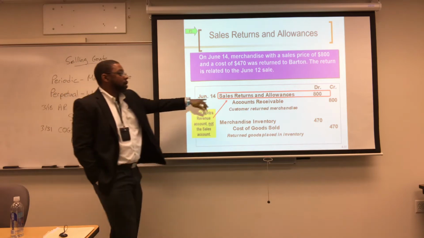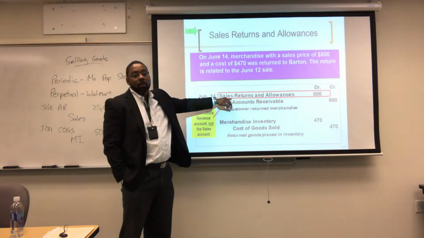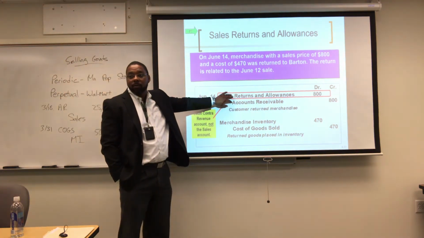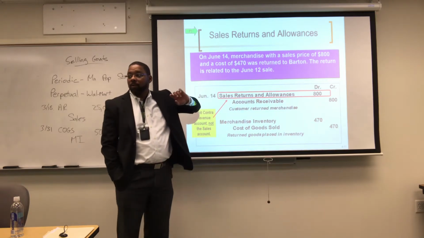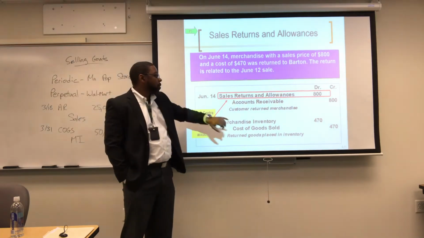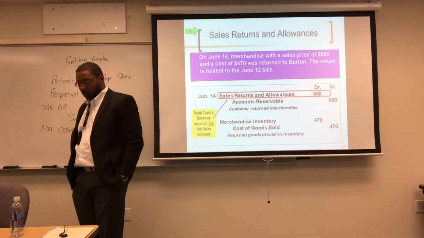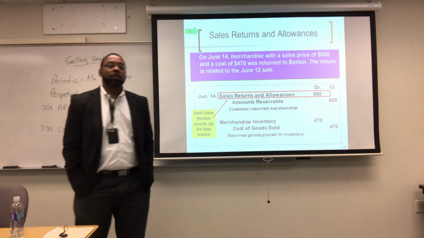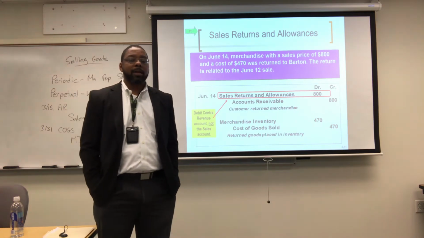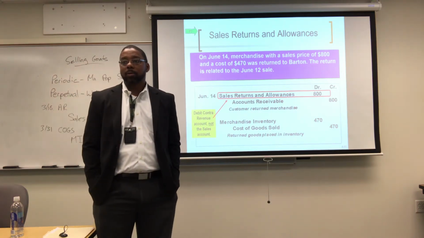Remember, this is a contra revenue account. For the $800, that's the price. We need to also adjust the inventory. So we're going to debit merchandise inventory and credit cost of goods sold for $470. Basically, we're putting this product back in the inventory to be resold at a later date.